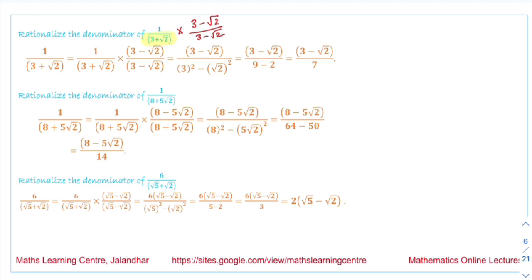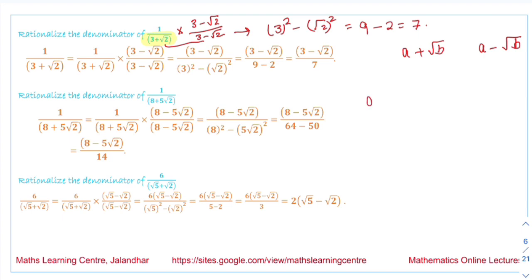When we do this, the denominator will become 3 square minus square root of 2 square, which is 9 minus 2, that is equal to 7. So for a number of the form a plus square root of b, the rationalizing factor is a minus square root of b.